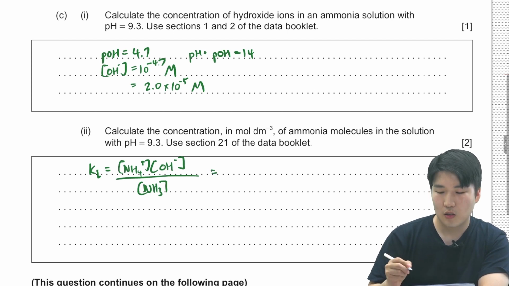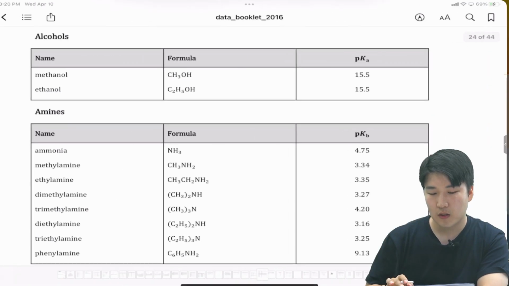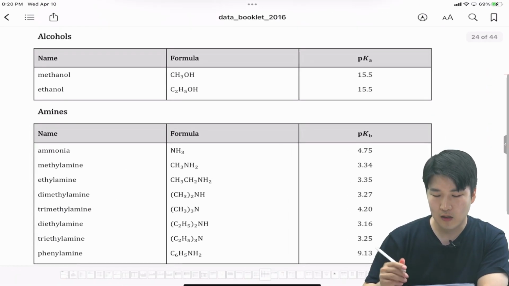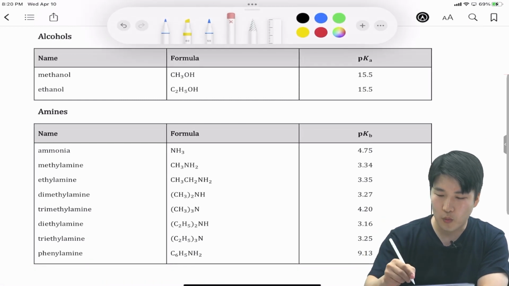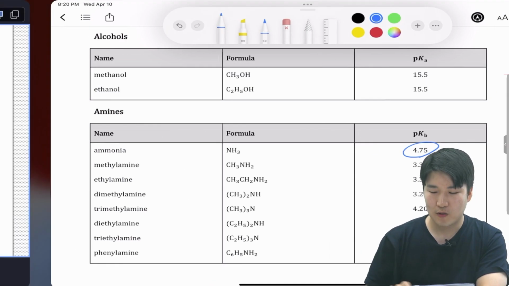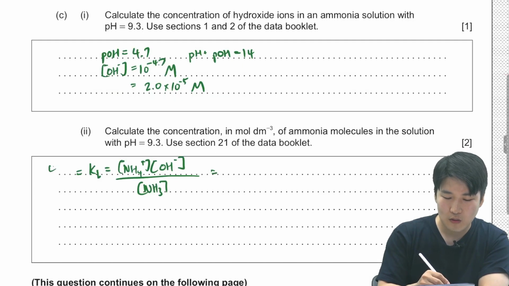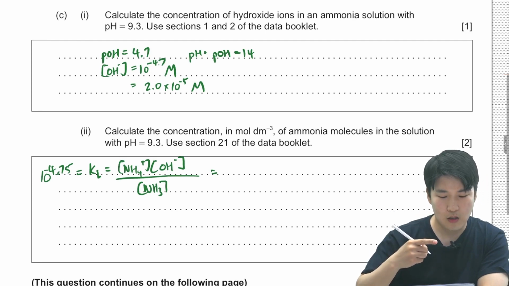Because we know what Kb value would equal to from the data booklet. The data booklet tells us the Kb value of ammonia to be 4.75. So let's equalize Kb to be 10 to minus 4.75. Just like this.